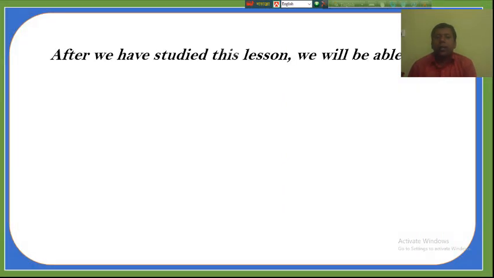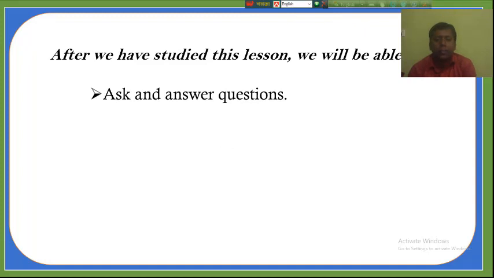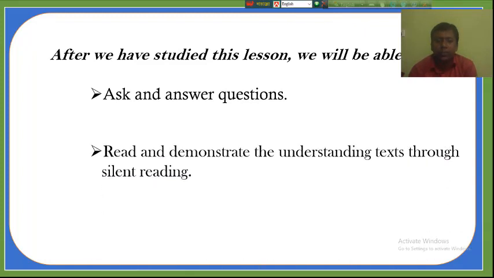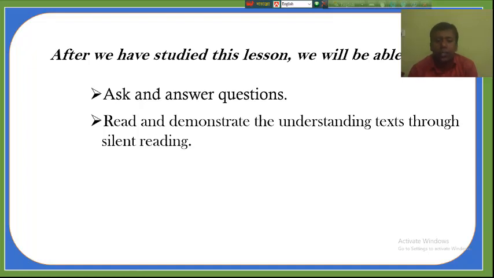Dear students, after we have studied this lesson, we will be able to ask and answer questions. Then read and demonstrate the understanding text through silent reading.